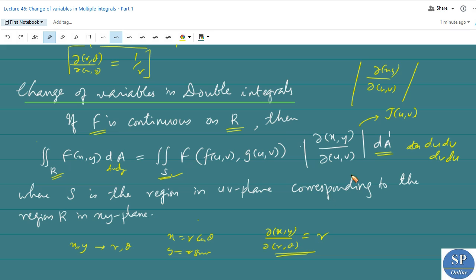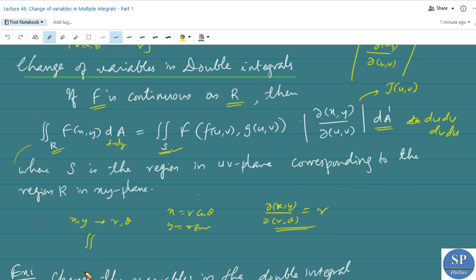Therefore, the double integral over R of f of (x, y) dA can be expressed as the double integral over the corresponding region S in the r theta plane of f of (r cos theta, r sin theta) into dA. That means here we need to multiply by r.